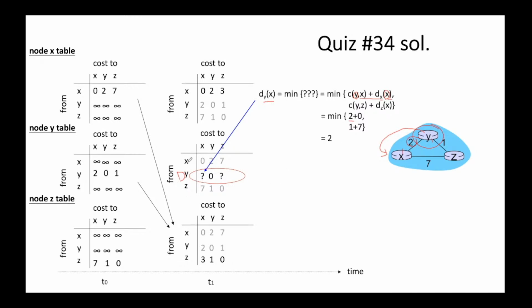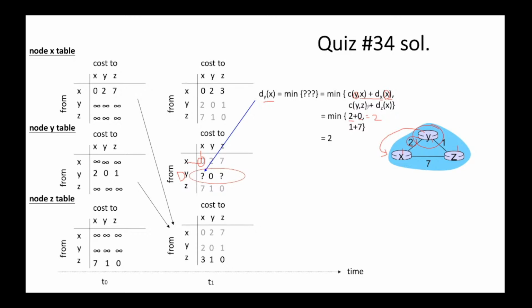According to the table, the value is 0. So here, going through neighbor X, nice, total cost is 2.